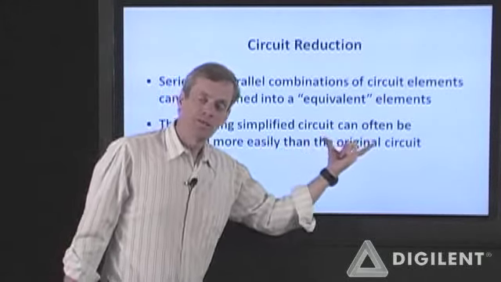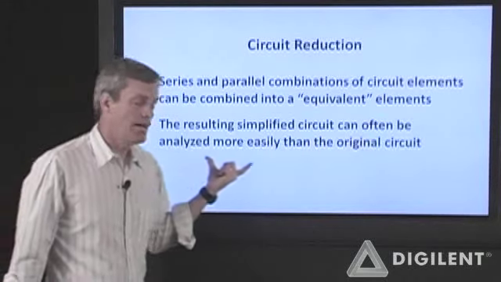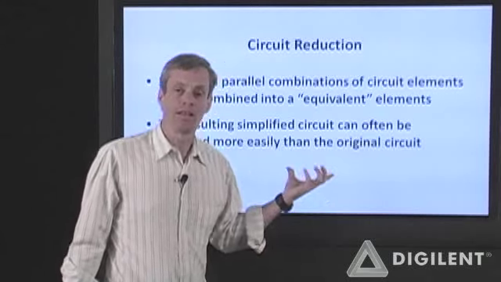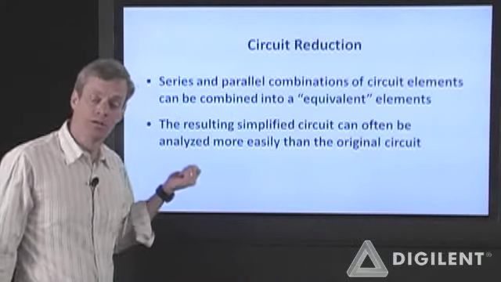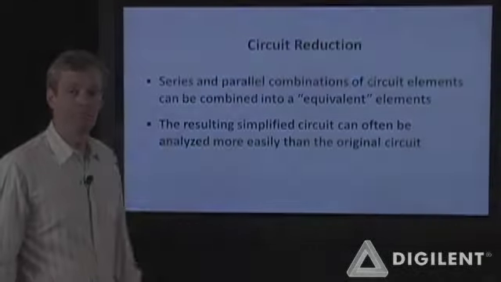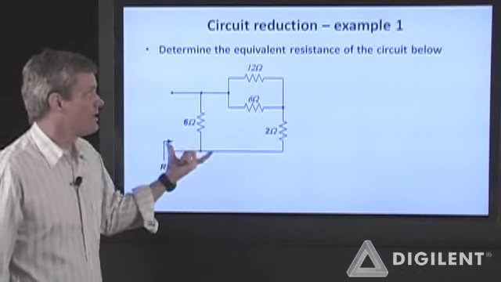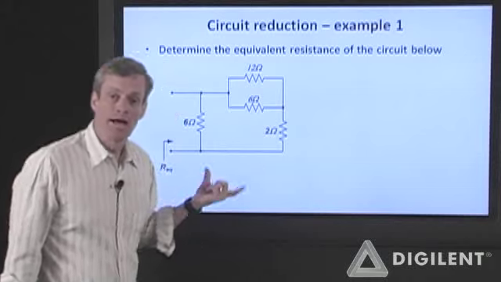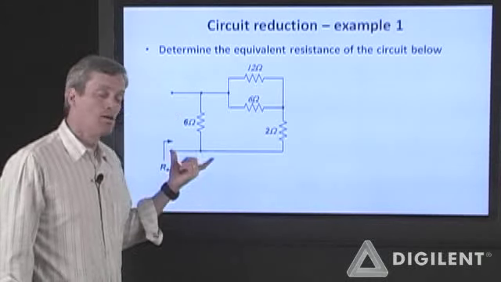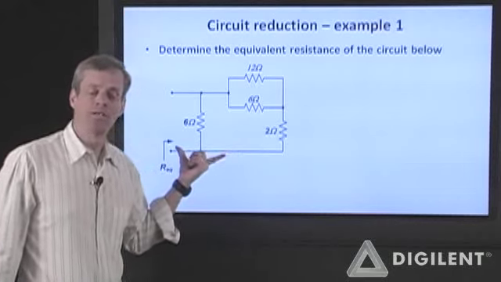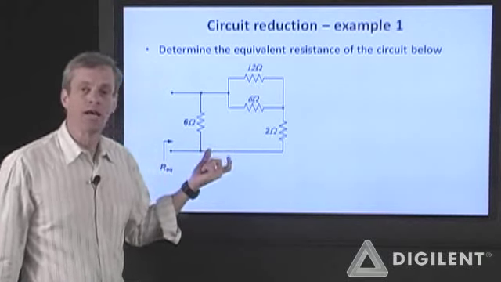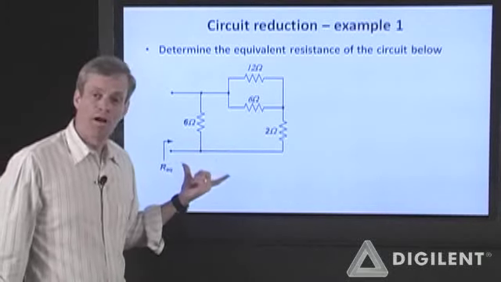The simplified circuit, quite often, I can analyze more easily than the original circuit and still find out what I need to know. This is not always possible, but when it works, it's great. Our first example is this circuit network. I'd like you to take a couple of minutes, pause the video, see if you can identify parallel and series elements, see if you can reduce the circuit, then come back and you can watch me do it.